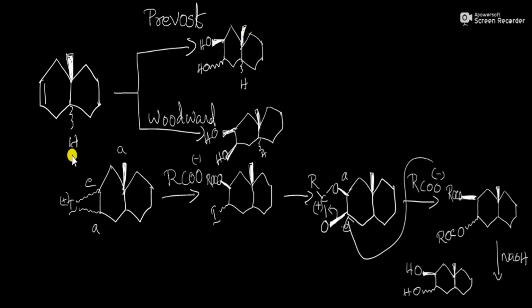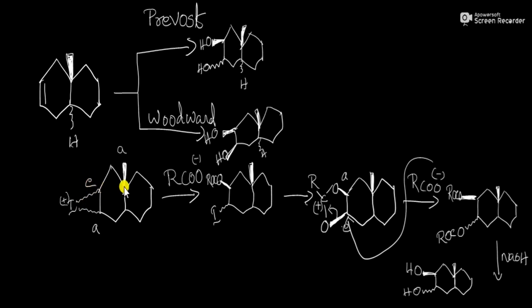In the Prevost mechanism, we can write the first step is formation of iodonium ion, and obviously it will be in lower phase due to the presence of CH3 group in upper phase, and it is a decalin. Here CH3 group in axial position and this bond in equatorial position.